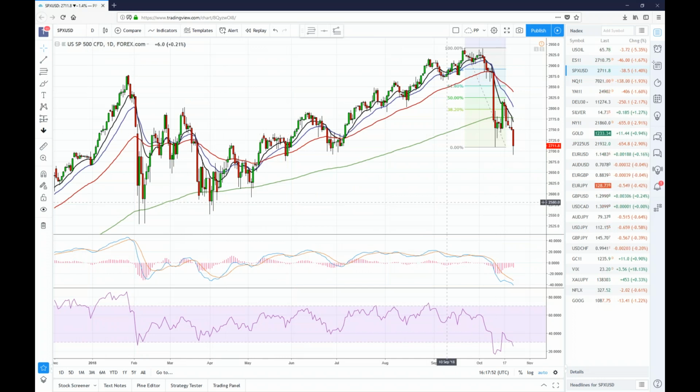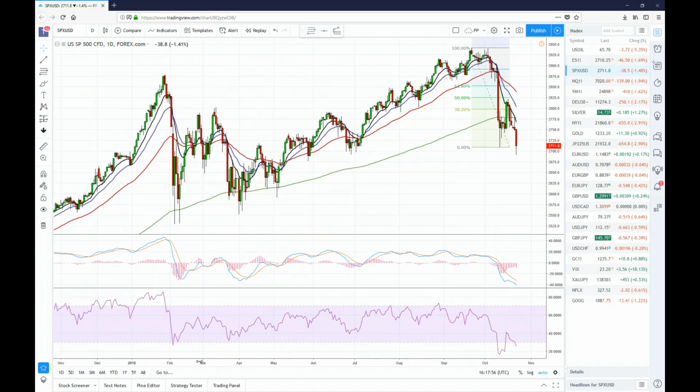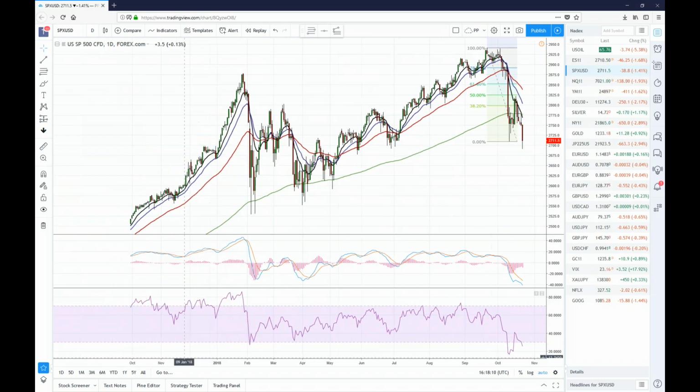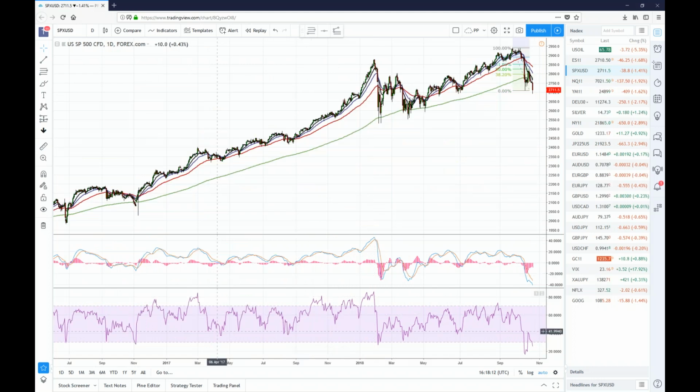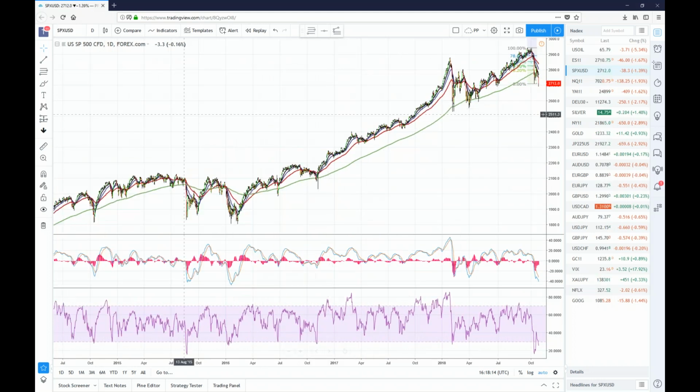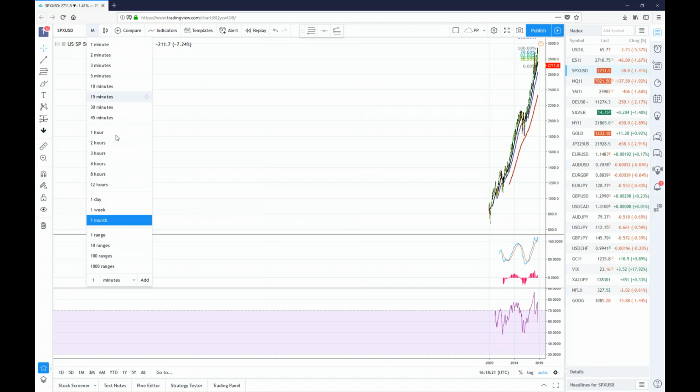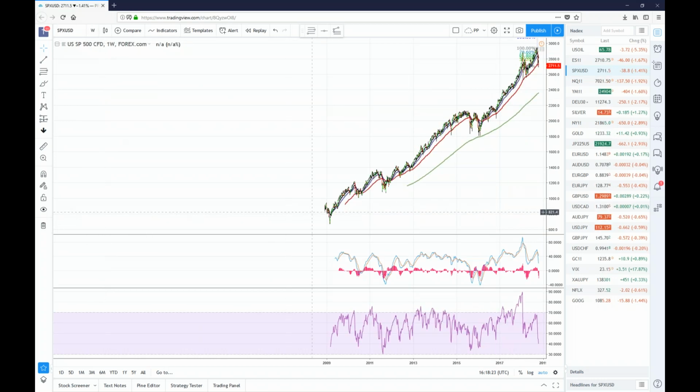So this market is going lower, and maybe as an exercise, you think that this is really a huge drop in the market, and sure enough, it's about 10% that this market has gone lower. That's a number. However, just to give it perspective, let's zoom out. Let's go to a weekly chart.